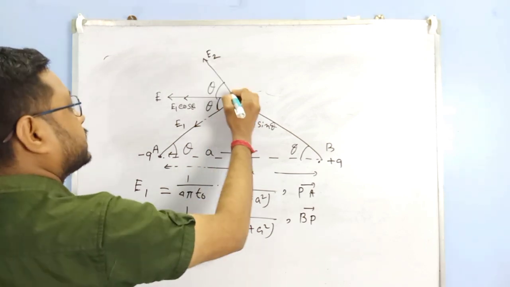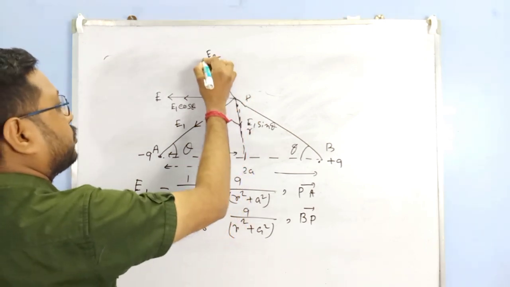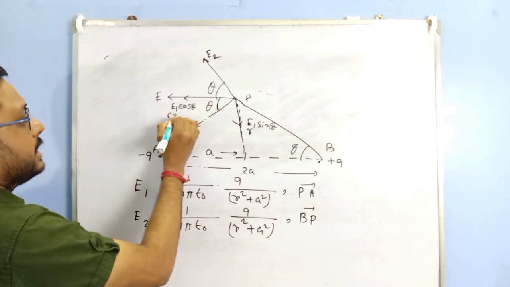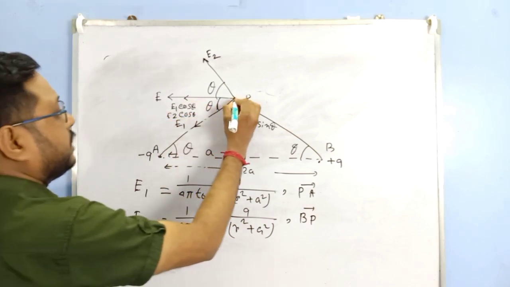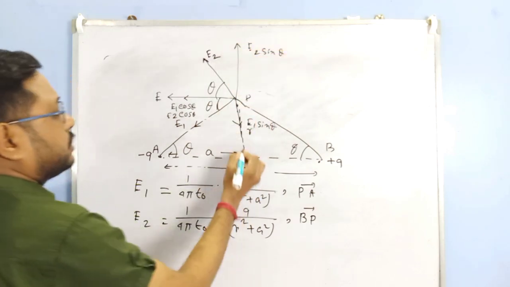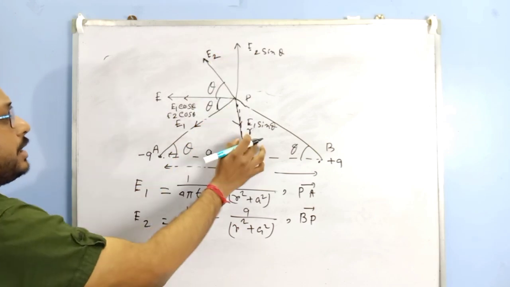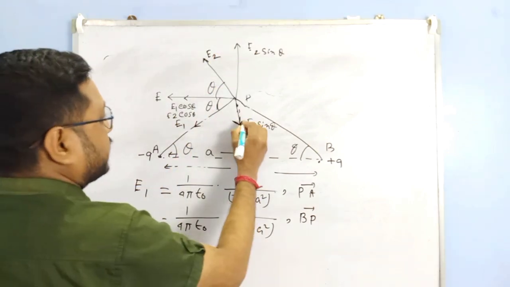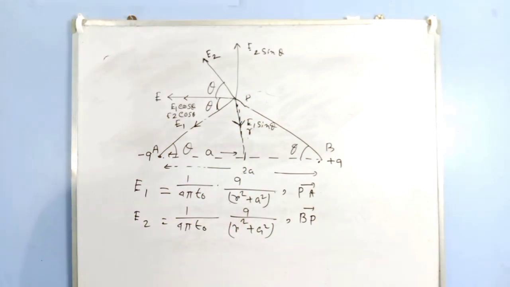Similarly for E2, if we resolve E2 in two components, then E2 cos theta is along this direction and E2 sin theta is along upper side. So E1 sin theta and E2 sin theta are equal, as the values of E1 and E2 are equal, and their directions are opposite, so they cancel out.